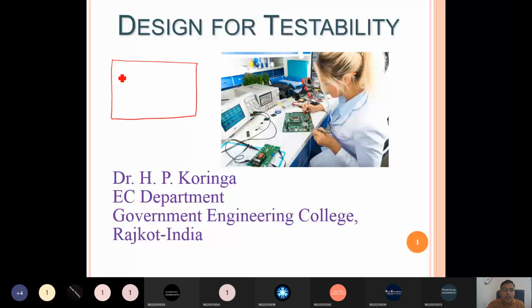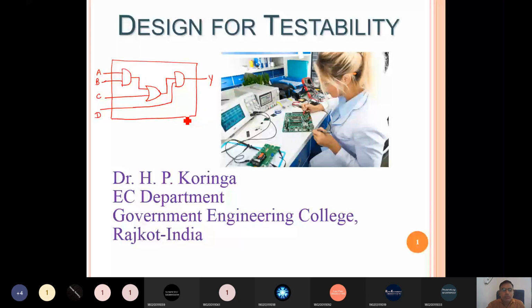Inside the chip, I have one AND gate, and the output of the AND gate is given to one OR gate, and the output of this OR gate is given to another AND gate, and the other input of that AND gate is from our primary input. This design has four primary inputs, A, B, C, D, and Y is called the primary output.